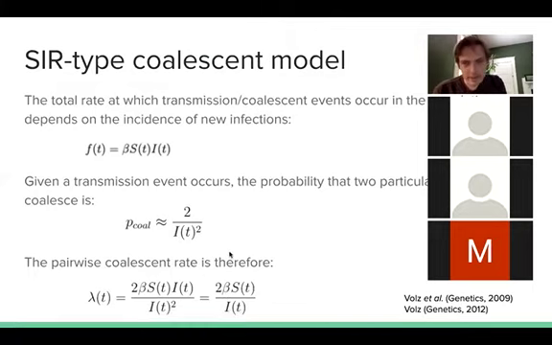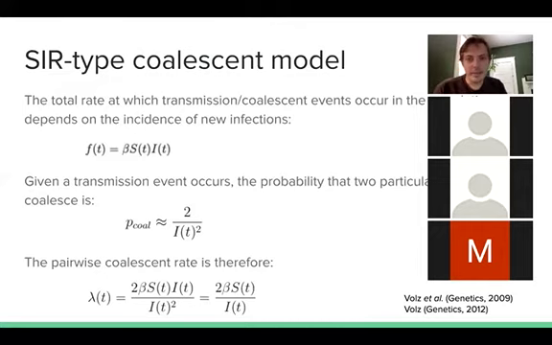This turns out to be pretty interesting, I think, because before, under our simple coalescent models, for example the ones derived from the Wright-Fisher model, the coalescent rate was equal to 1 over the population size, or 1 over N. And all along, we've been interpreting the population size of an infectious pathogen as the number of infected hosts.